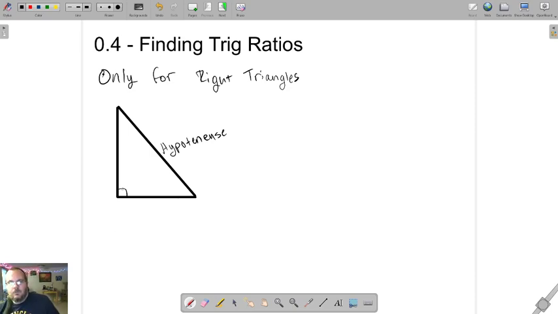So when I find the hypotenuse by drawing a line out from the vertex and seeing which side it hits, I'm finding the side that is opposite to this angle. So for my two legs here, I'm going to label these angles. I'm going to call this one A, this one B, and this one C. If I look at angle A, I can still find a side that's opposite it, just like I could find the hypotenuse opposite the 90.